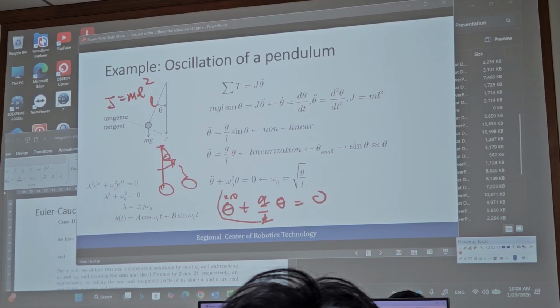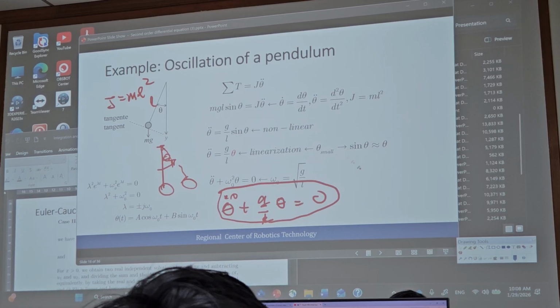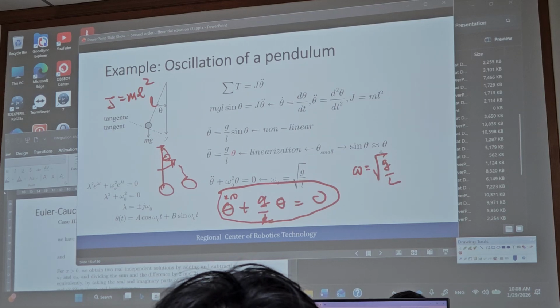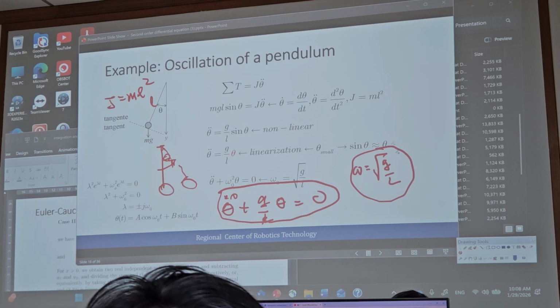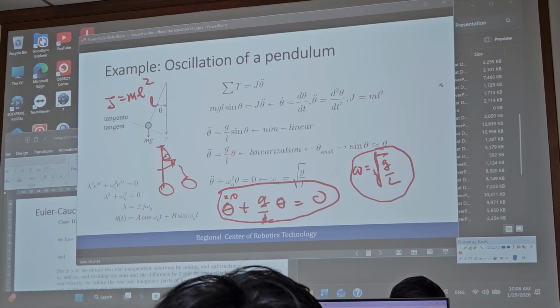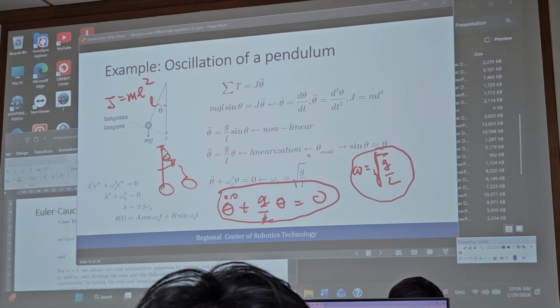The natural frequency of this one will be square root of g over L.